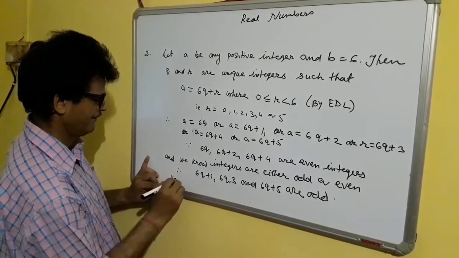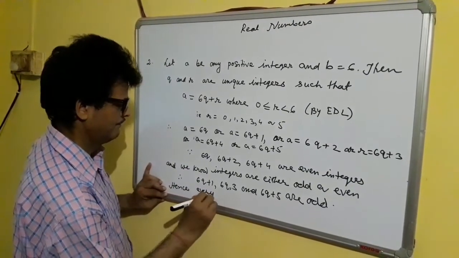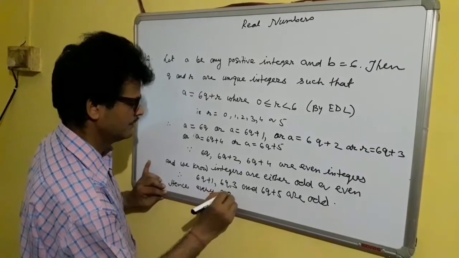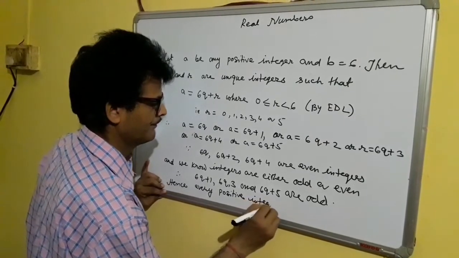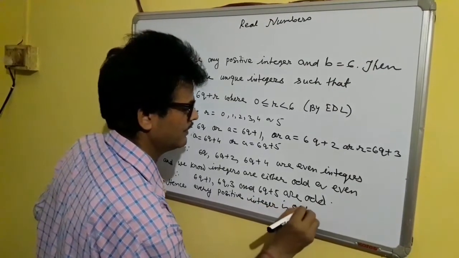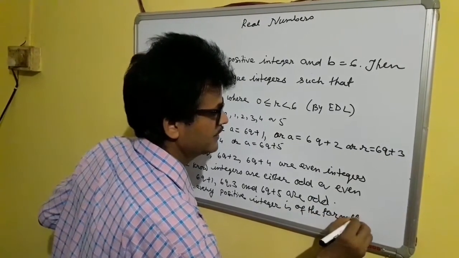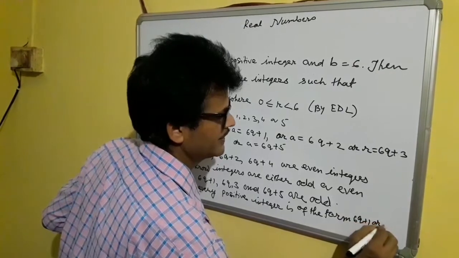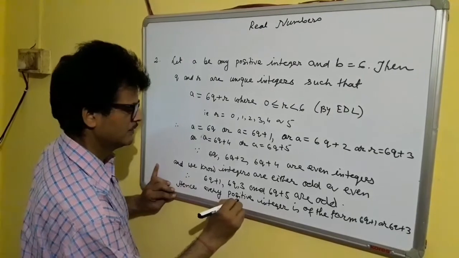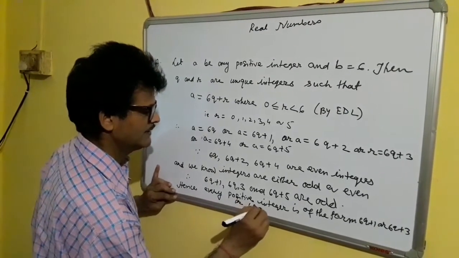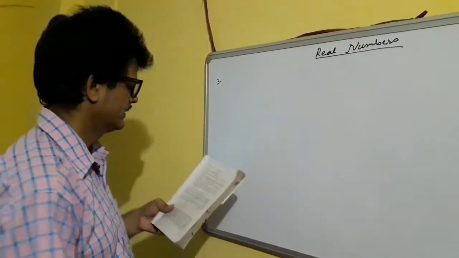Hence every positive odd integer is of the form 6q plus 1 or 6q plus 3 or 6q plus 5.